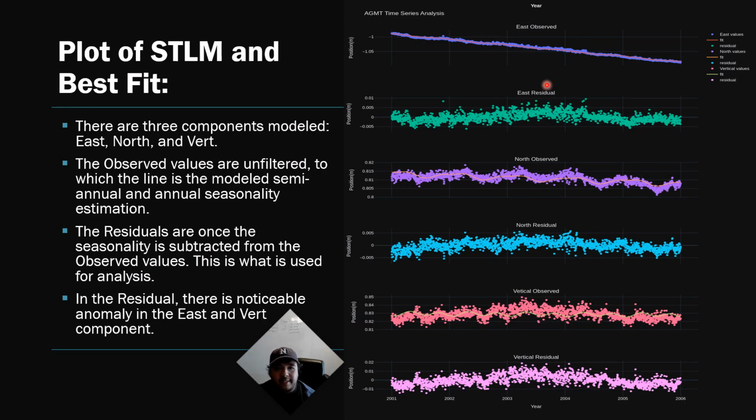These are the plots, and in GPS, there's 3 components. We have east, we have north, and we have vertical. Some people prefer to call the vertical up, but I like to call it vertical because when I think up, I think north. So I use east, north, and vertical. And as you can see, the east observed, north observed, and vertical observed are the unaltered, unfiltered for the most part, GPS time series.